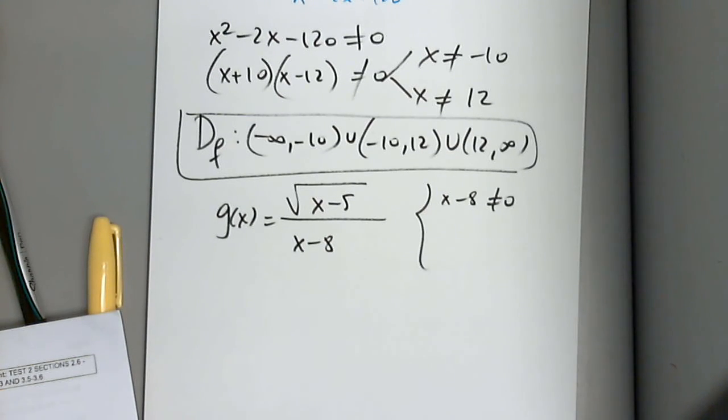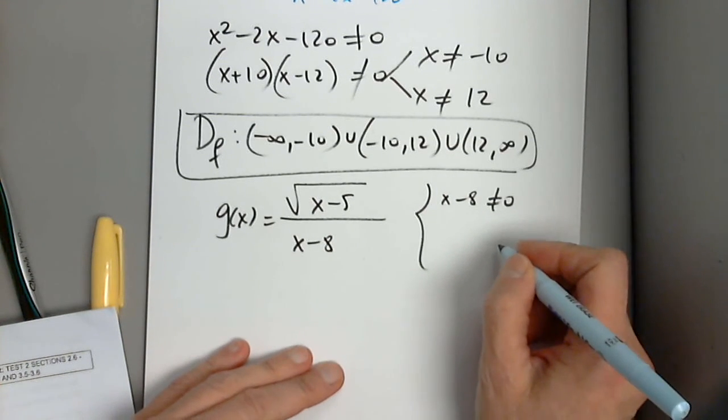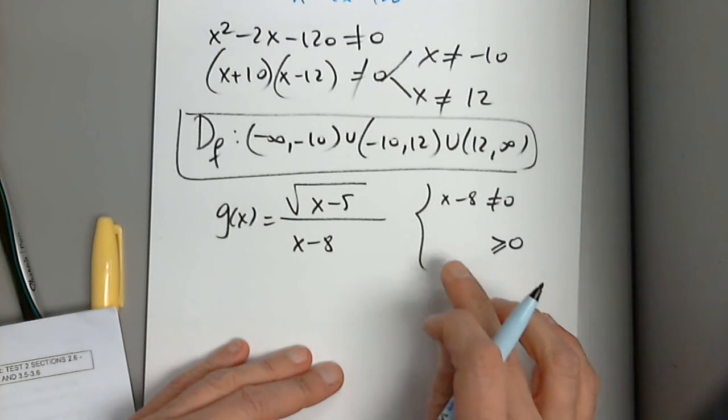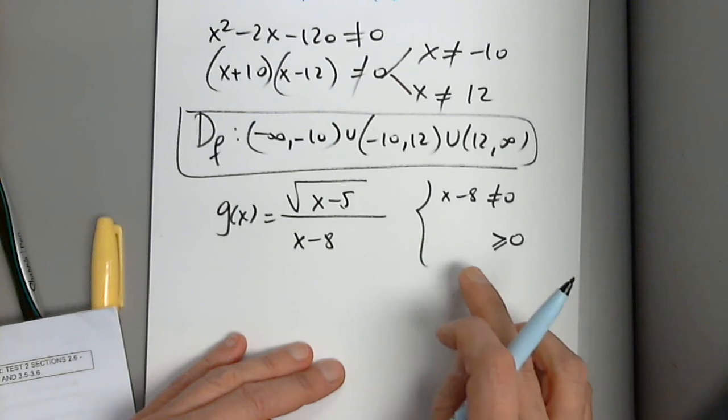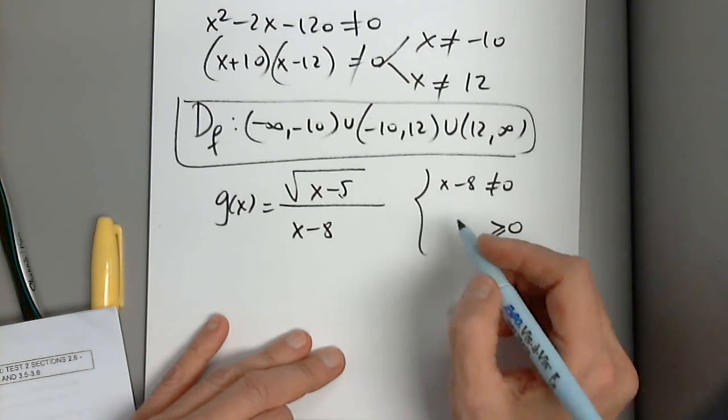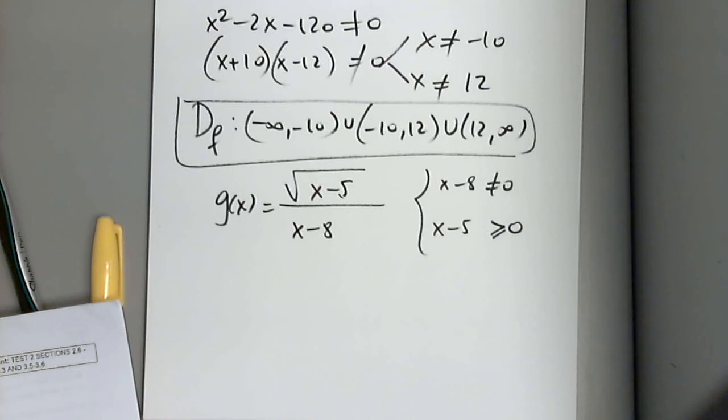The top can't be less than 0. Well, it must be... So what do I write? When you say the top, what do you really mean? x minus 5, exactly, not the square root. So do not copy the square root. It's the quantity under the square root that has to be greater than or equal to 0.